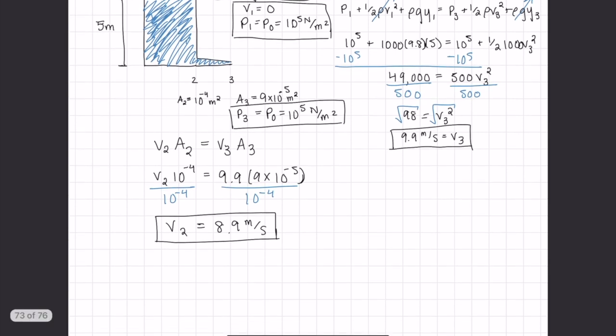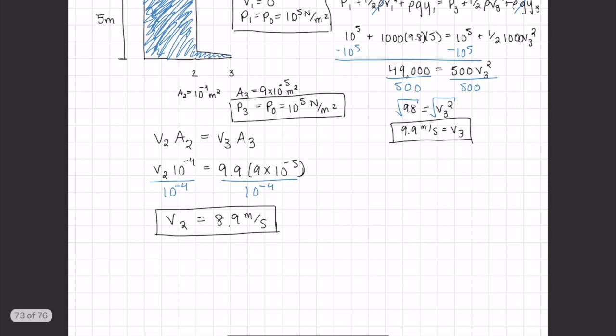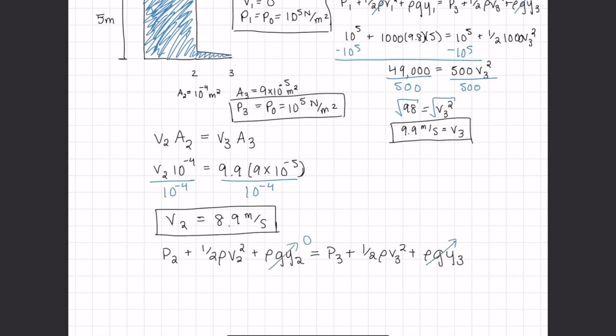And then lastly, we could find P2 by using Bernoulli's equation. So P2 plus 1/2 rho V2 squared plus rho g y2 equals P3 plus 1/2 rho V3 squared plus rho g y3. Now we know that y2 and y3, we called those heights 0, so I'm just going to put those zeros through there.